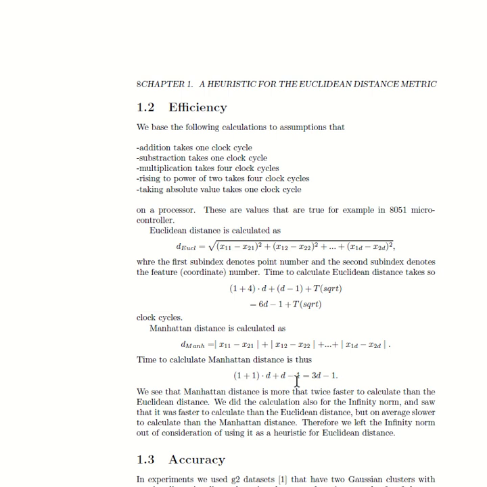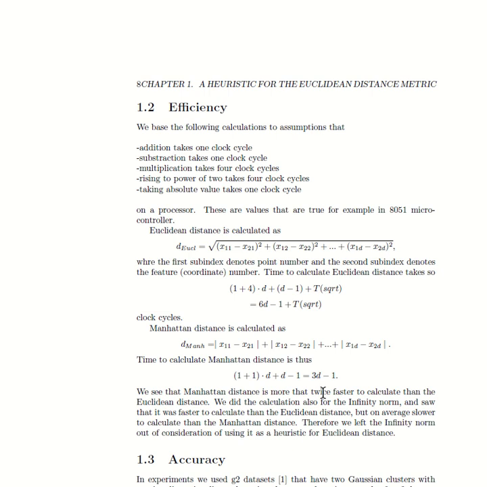So it is 2 times faster. It's more than 2 times faster to calculate Manhattan distance instead of Euclidean distance.